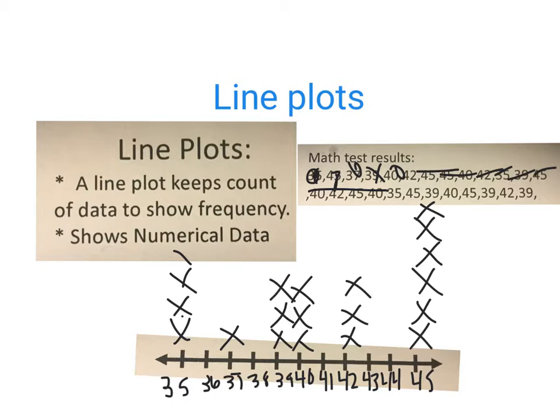Now this should be easy for you to double check because you should be able to make sure that your numbers here match up with your numbers from your last chart. So you should have 3 35s, 1 37, 5 39s, 5 40s, 4 42s, and 7 of your 45s.